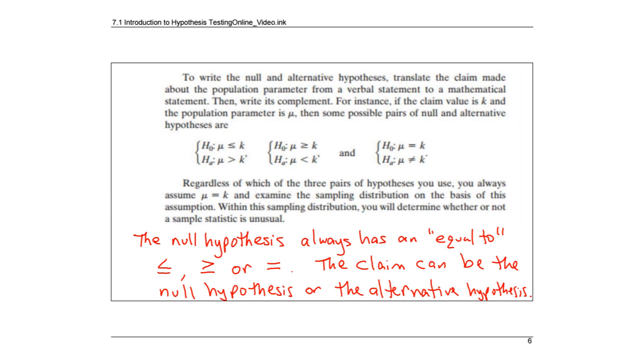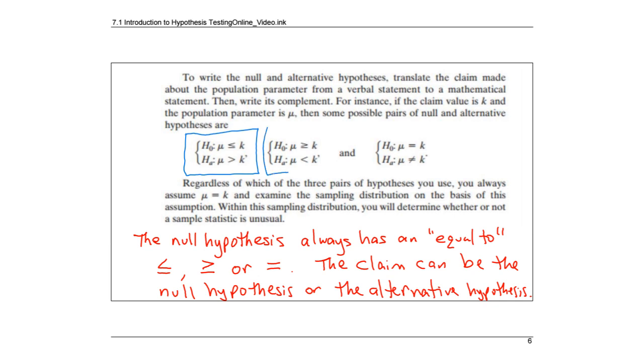Okay, so this is written out a little fancier than what I did on the last one. So this first one, if we have a null hypothesis that the mean is less than or equal to K, then the alternative has to be that the mean is greater than K. Those two go together, they're complements.